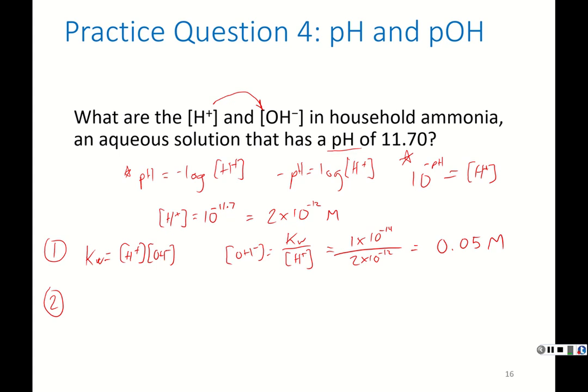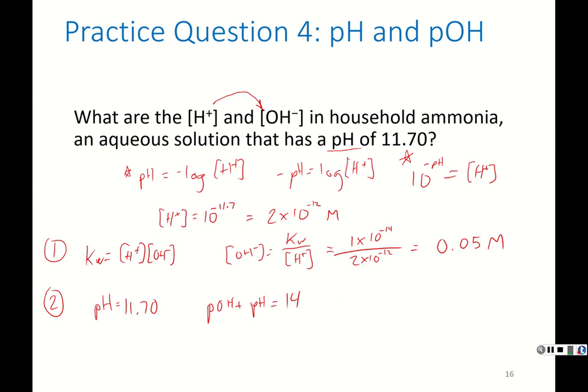Let's try the second method, actually using the pH. So we're given a pH here of 11.7. Remember the relationship: pOH plus pH has to equal the pKw, which would just be 14. Kw is 1 times 10 to the negative 14, and if you take the negative log of that to get pKw, that would just be the positive version of the exponent, which is 14.